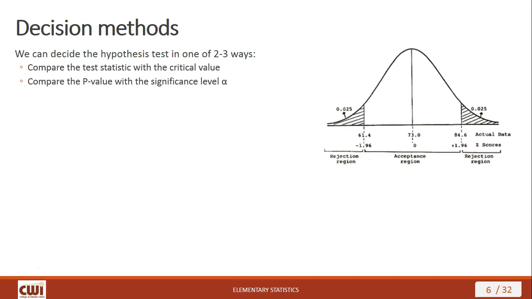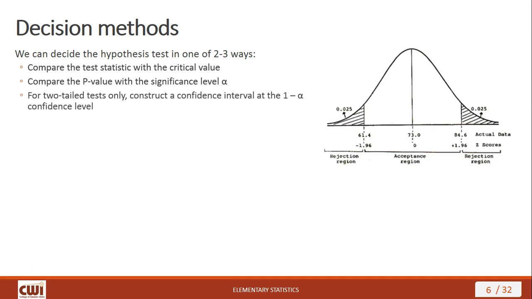So you can compare a horizontal axis value with another horizontal axis value. Or the p-value and the significance level alpha are each areas under the curve. So here we're comparing one area with another. Either way we go, if we're inside the rejection region, which is the critical region, then we can reject H0. Otherwise, if we're outside the critical region, we fail to reject H0.